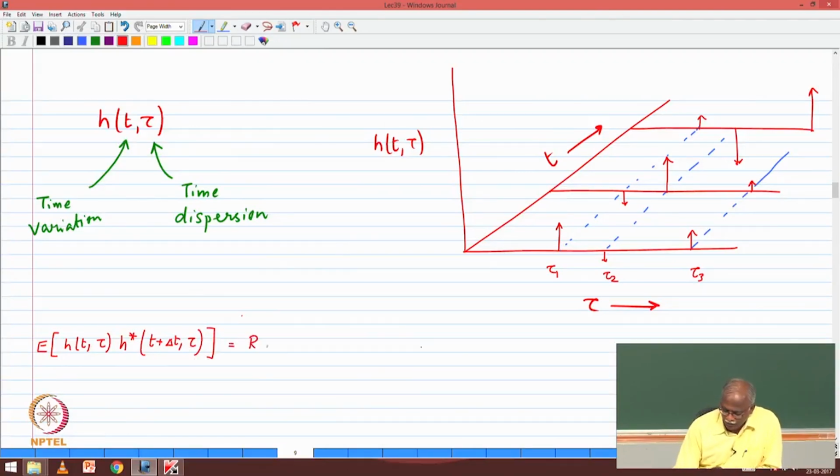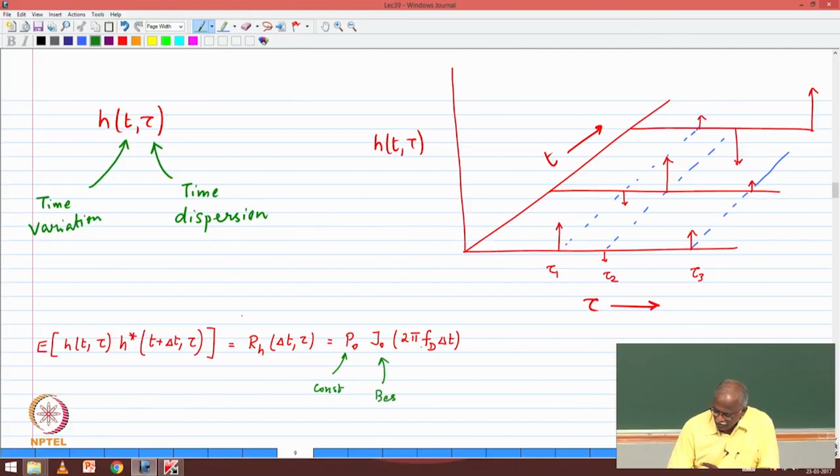If you denote this as the autocorrelation function, it turns out that it did not depend on t, it only depended on delta t, and the expression was some constant times the 0th order Bessel function of the first kind, J0 of 2 pi fd times delta t. Okay, so let me just clarify, this is a constant, this is our Bessel function, the 0th order Bessel function of the first kind.